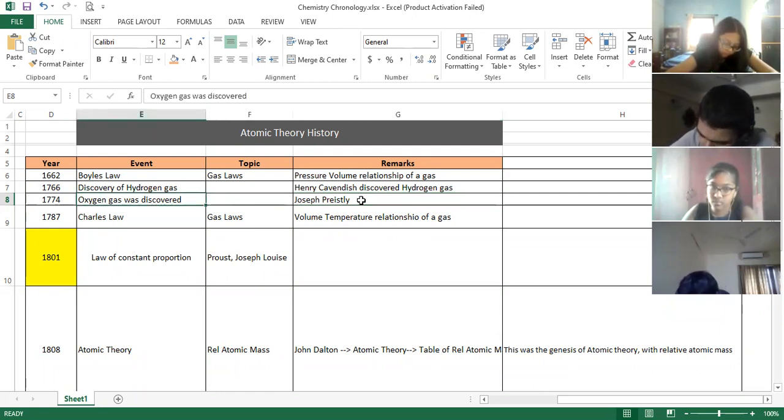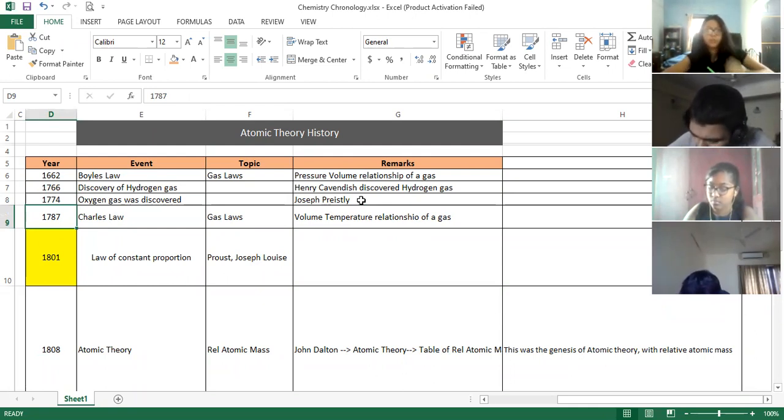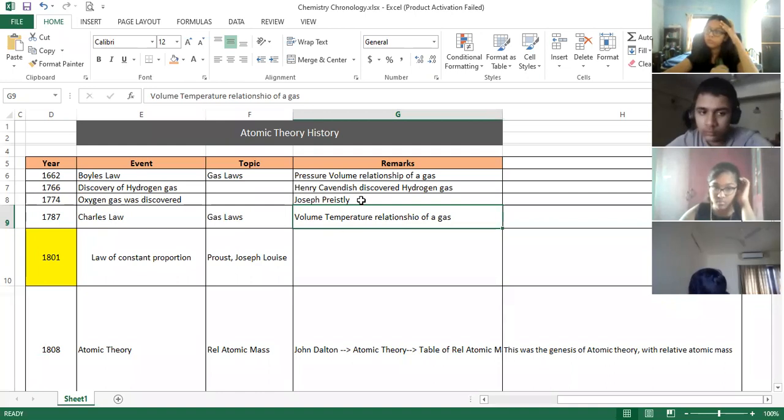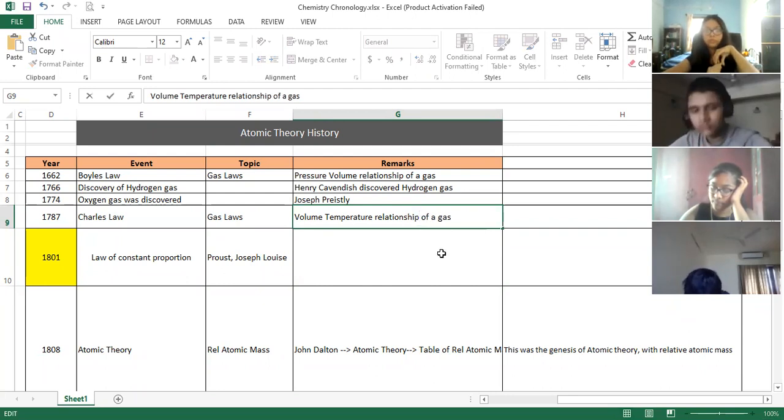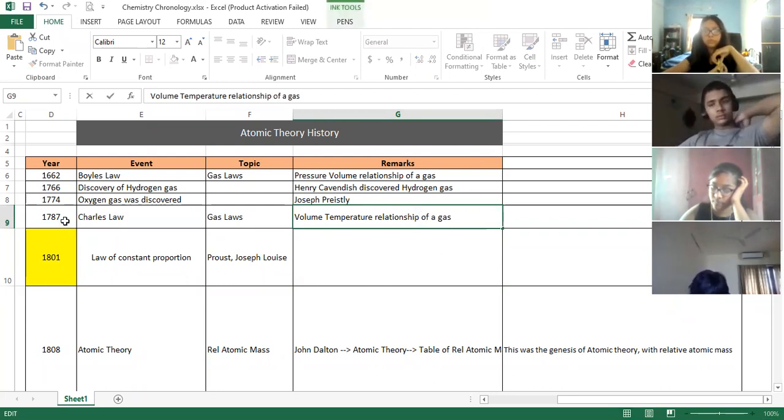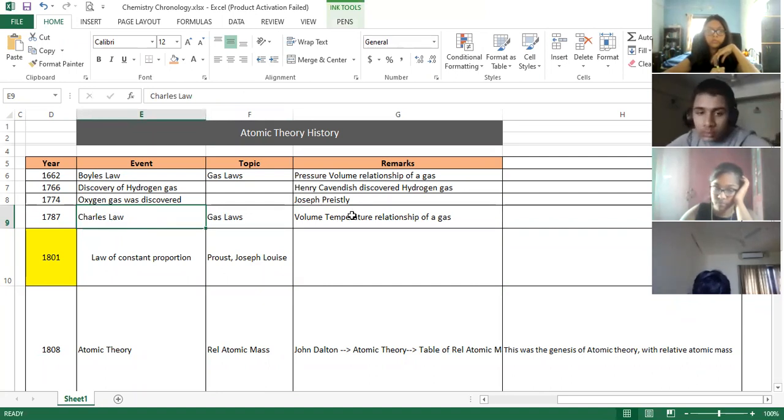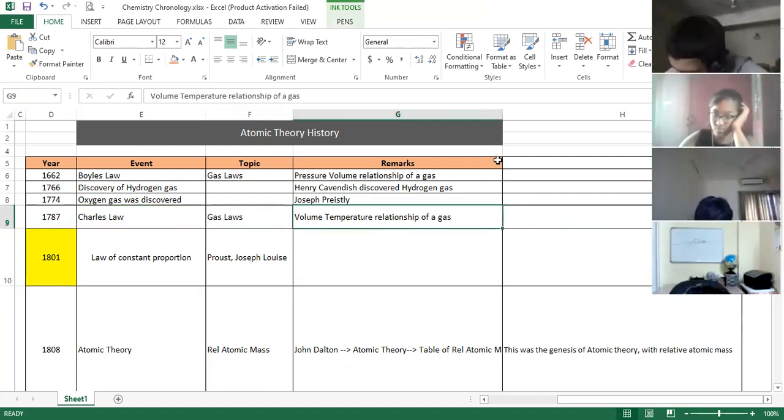And then the second gas law was discovered by Charles. That is what we say is Charles' law, and it comes under gas laws. What Charles' law talks about is the volume and temperature relationship. So you come till here, write Charles' law and say volume temperature relationship.